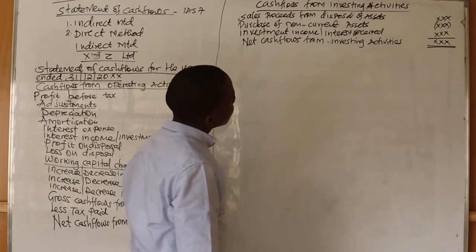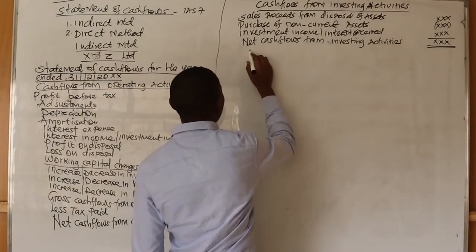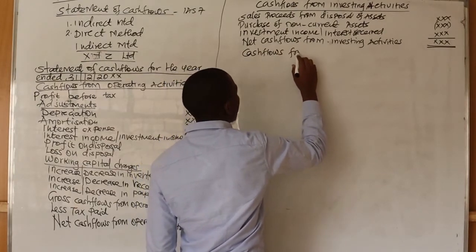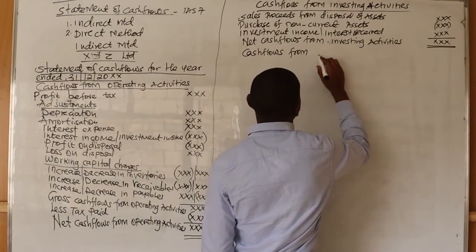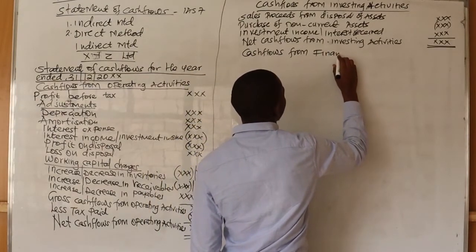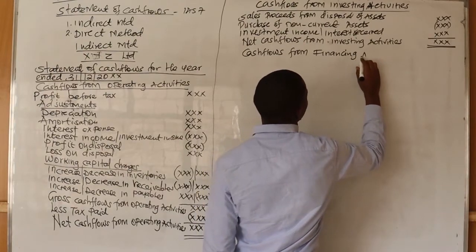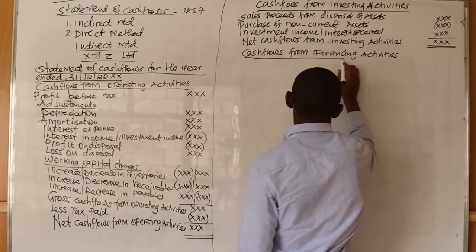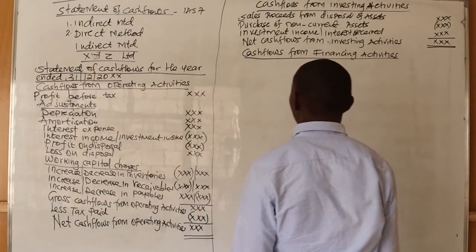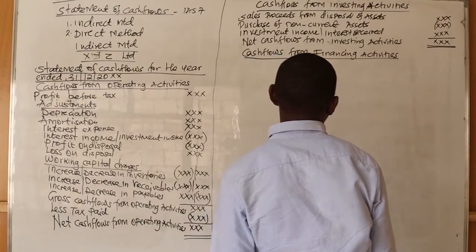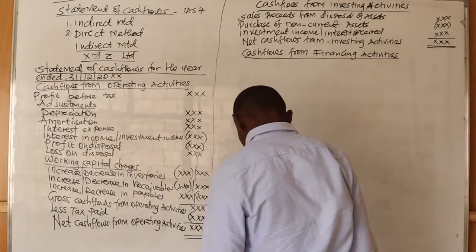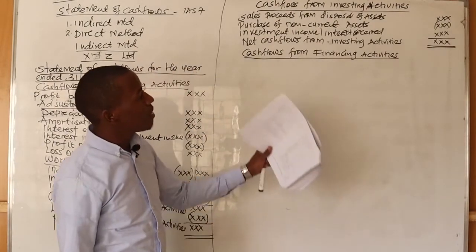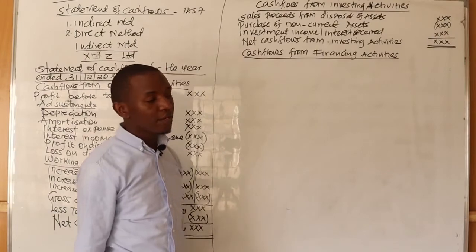So then after that, there is the last part, which is now the cash flows from financing activities. Now, the cash flows from financing activities are related to the sources of finance, and in this case, this is whereby we are having the ordinary shares and the debentures.